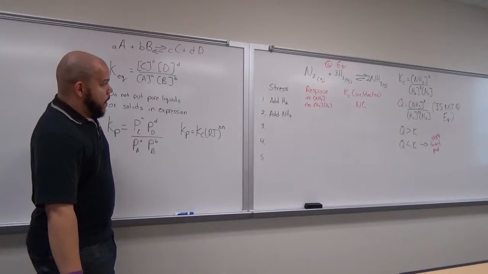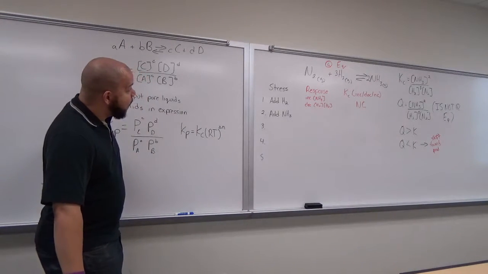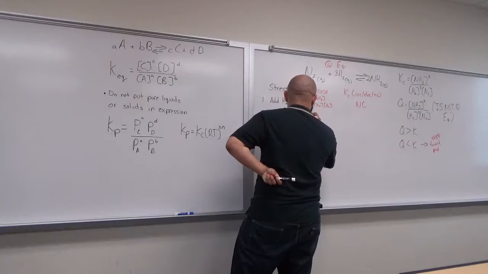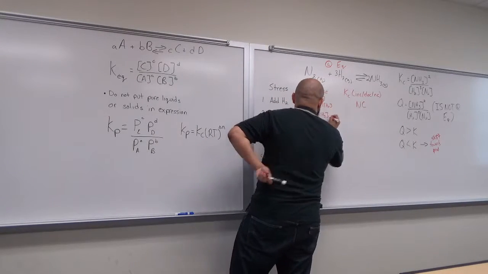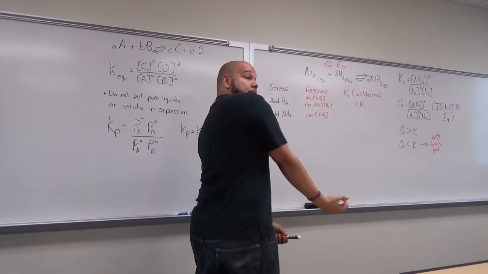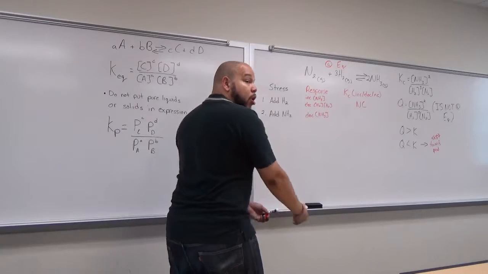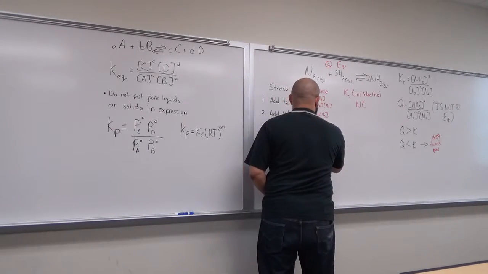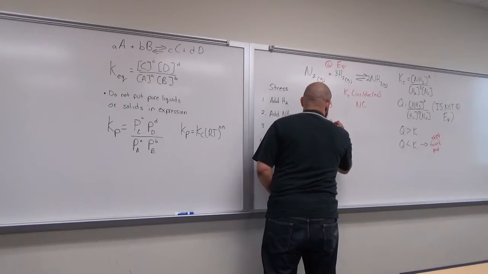I heard a decrease in NH3, which is right, and then an increase in N2 and H2. So adding something to the right side is going to cause us to go left. It's going to cause a reverse reaction to occur. And again, no change in K. So we're increasing N2 and H2.